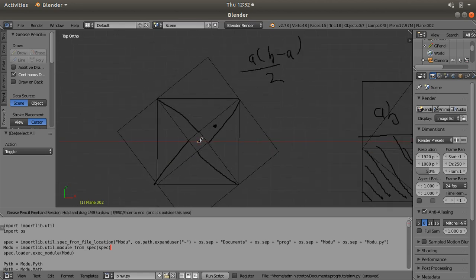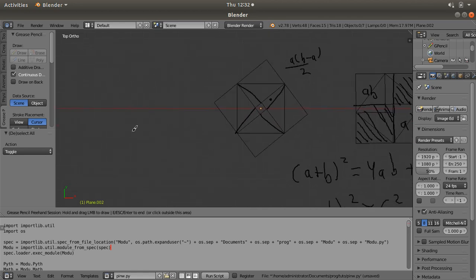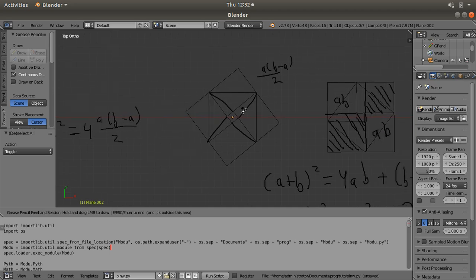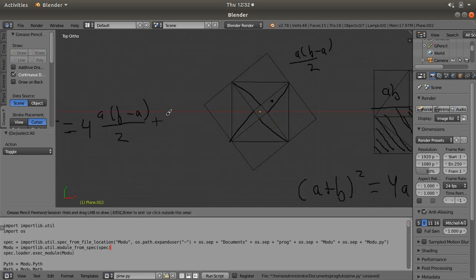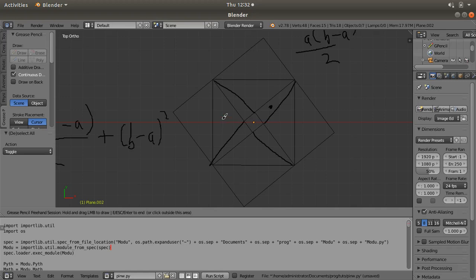So if you add all those up, you can see c squared is equal to 4 of them, plus this piece in the middle, (b minus a) squared, plus these pieces, which I'll call x.